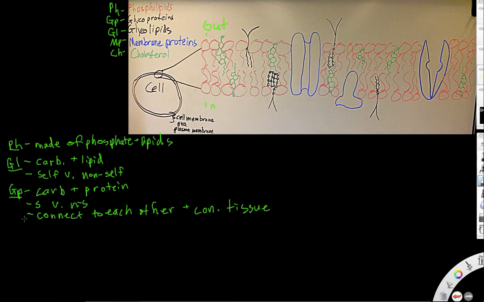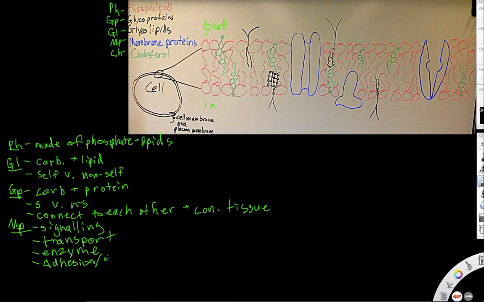And then we have membrane proteins, which are used for cell signaling, and they are used to transport nutrients. They are used as enzymes, and they are also used for cell adhesion and recognition.